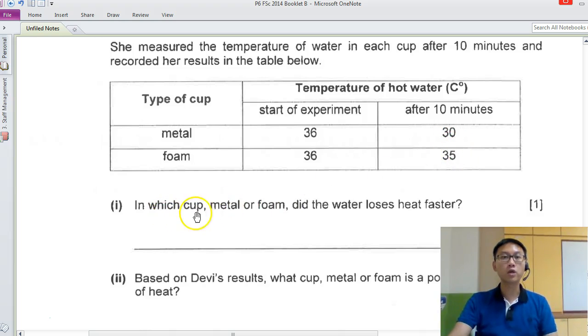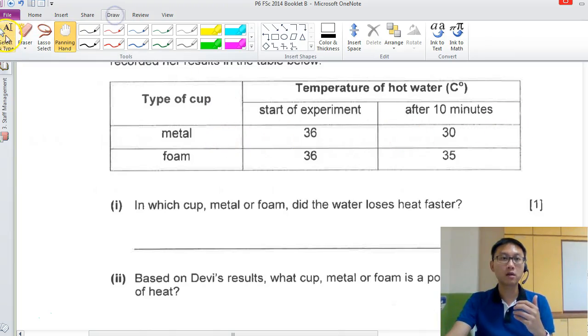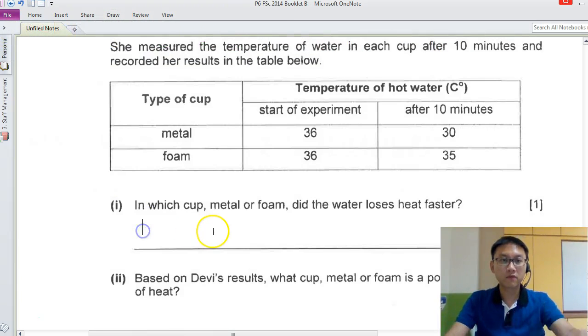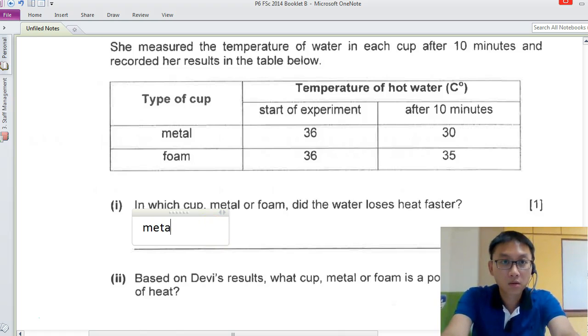So the question is asking which cup, metal or foam, did the water lose heat faster? When you lose heat faster, your temperature will drop more. So which one has a lower temperature? Your metal. So the metal cup is the one that loses heat faster.